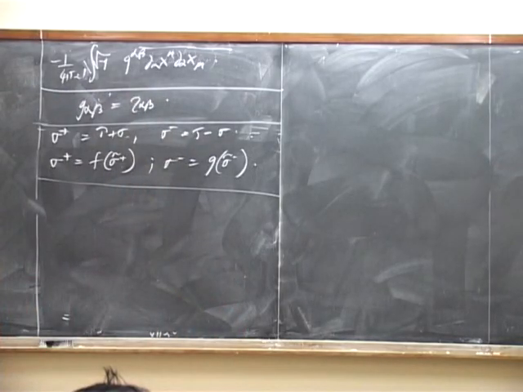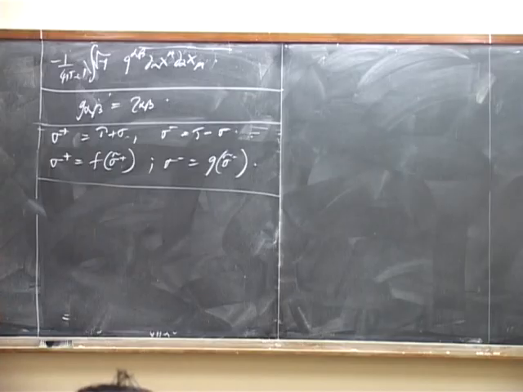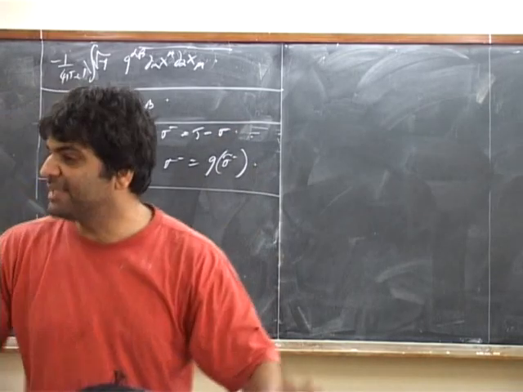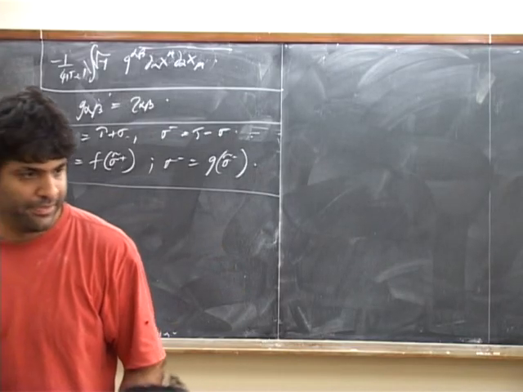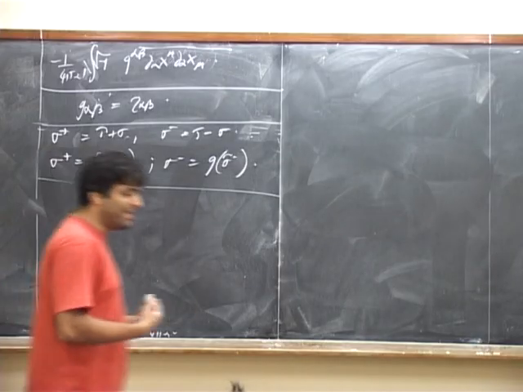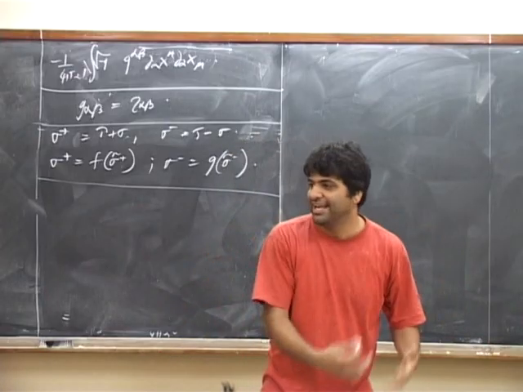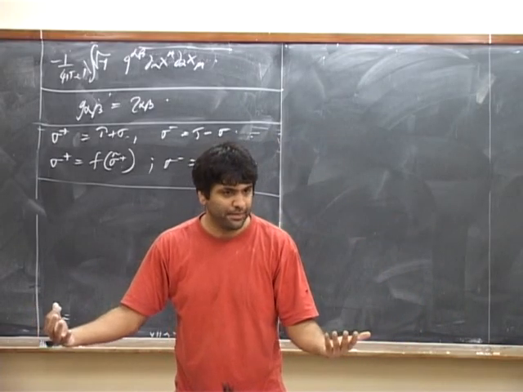Okay. And why is that? That's because we saw that the classical solutions to the equations of motion had all the x's being a function of sigma plus plus a function of sigma minus. So, naively it appeared as if we had d functions of sigma plus and d functions of sigma minus.